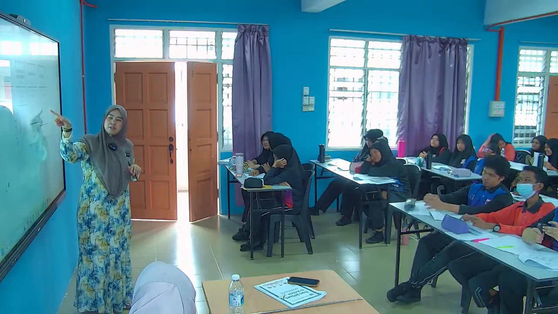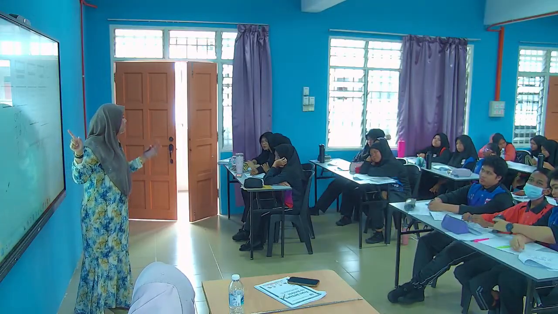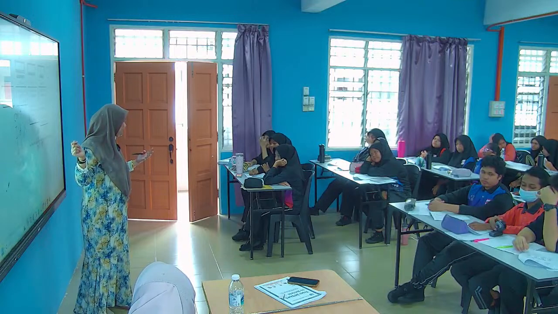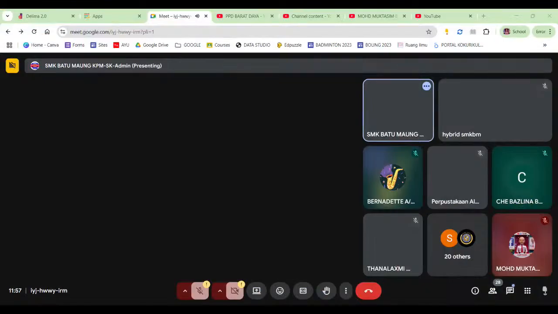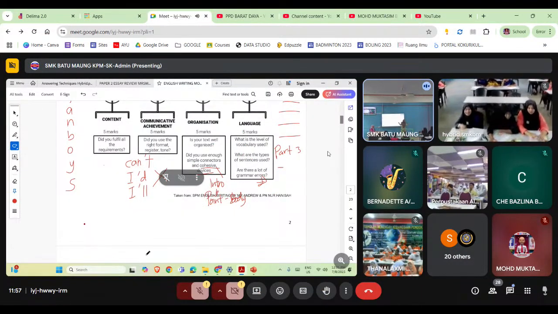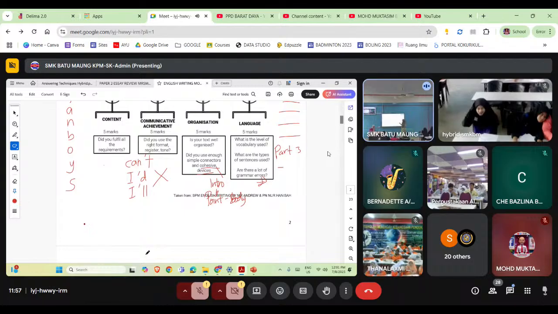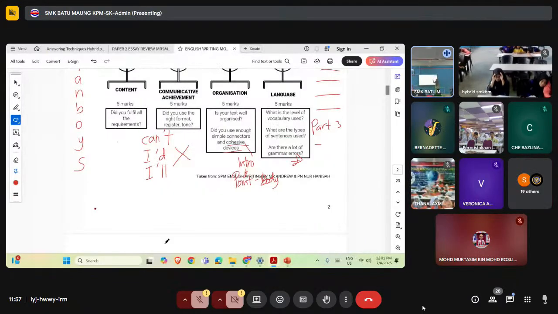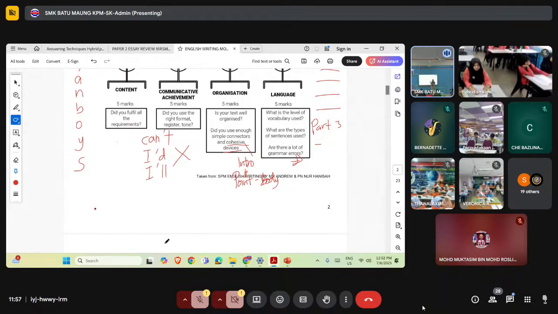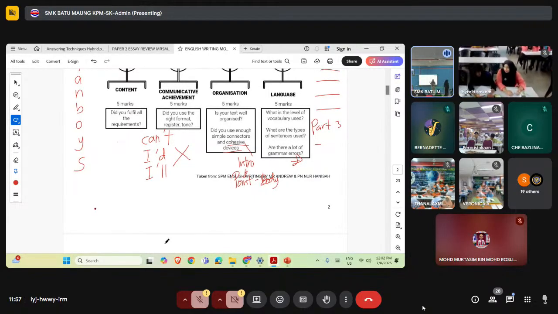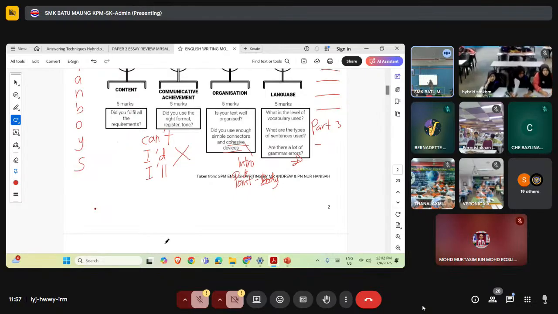What are the types of sentences used? What types of sentences do you know? Simple sentence, compound sentence, and complex sentence. So you need to use all 3 types, especially when it comes to part 3. Please remember, for part 3, if you use simple sentences only, you will only get 1 mark if you are lucky.